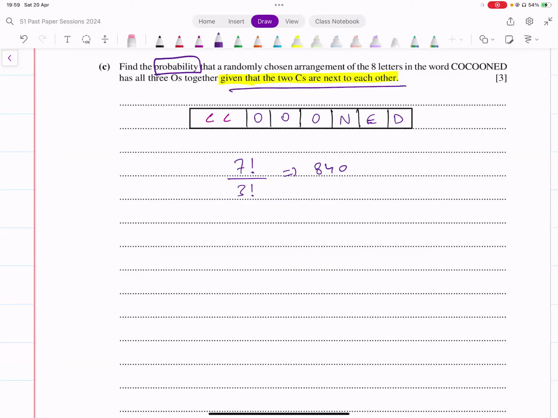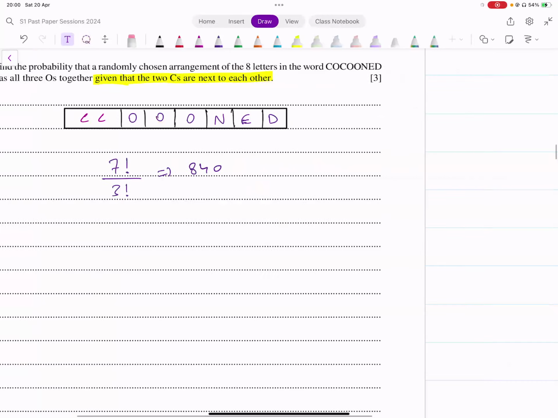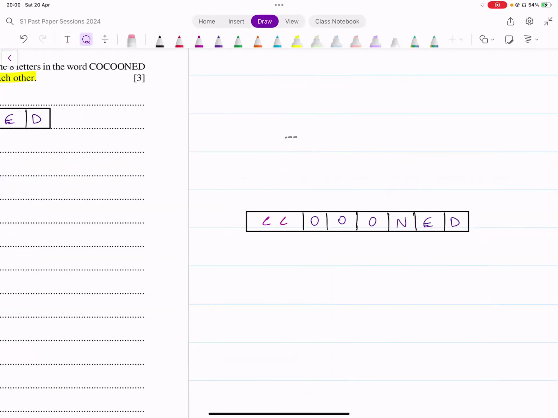So what's given is that two C's are together. For first of all, we are finding the total number of selections that are possible. So this is going to be the denominator in that probability formula. Now we consider that case where the three O's are together along with the two C's being together. So that's the specific case that we have to find the probability for.